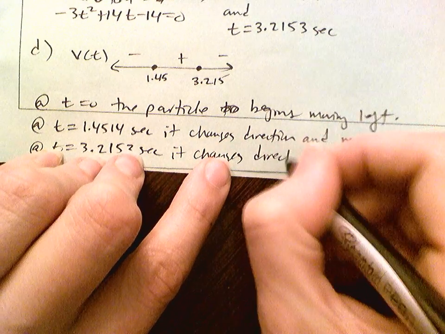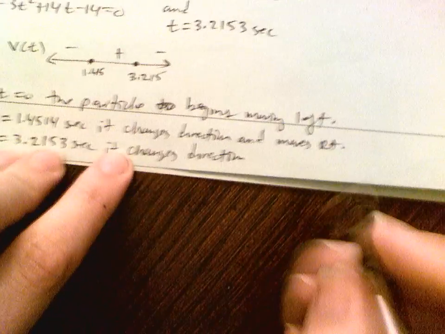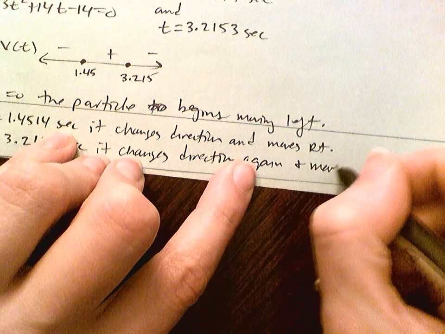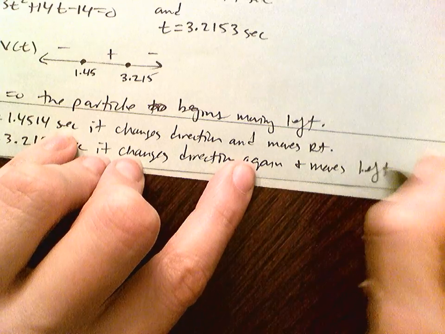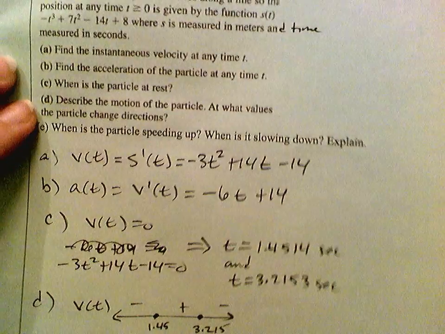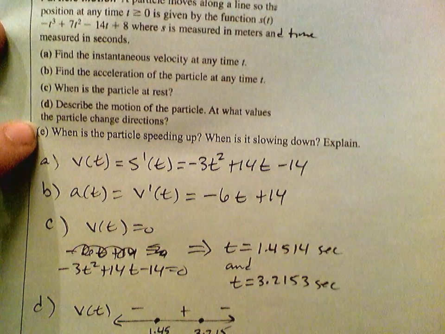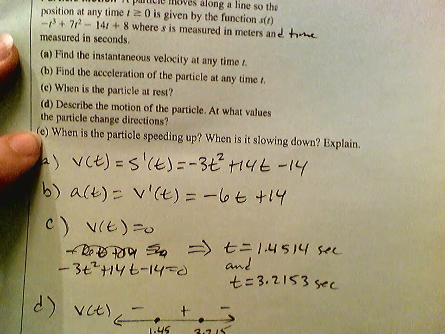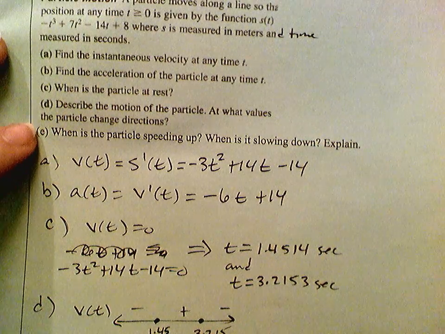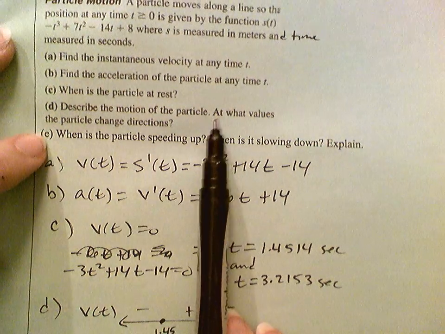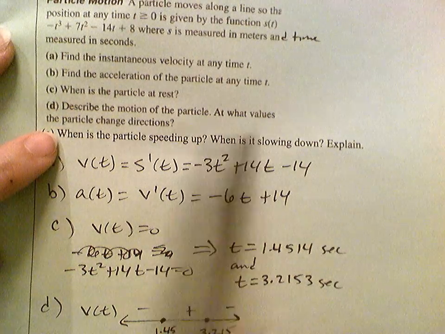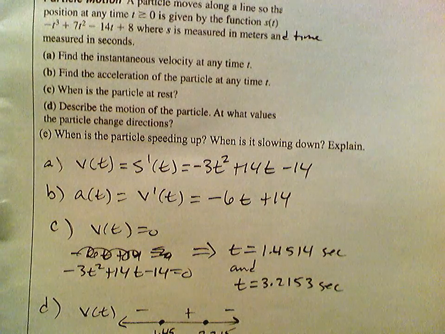Okay, so that was for D. Oh, and I kind of answered that. I answered this second part. I described the motion, and in describing the motion, I said at what values the particle changed direction.